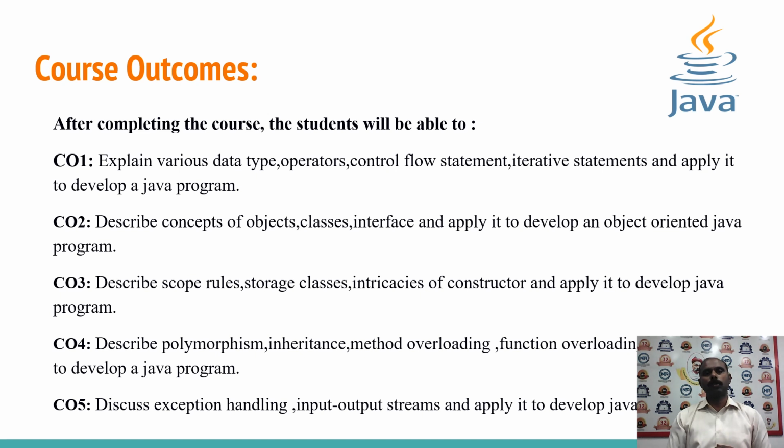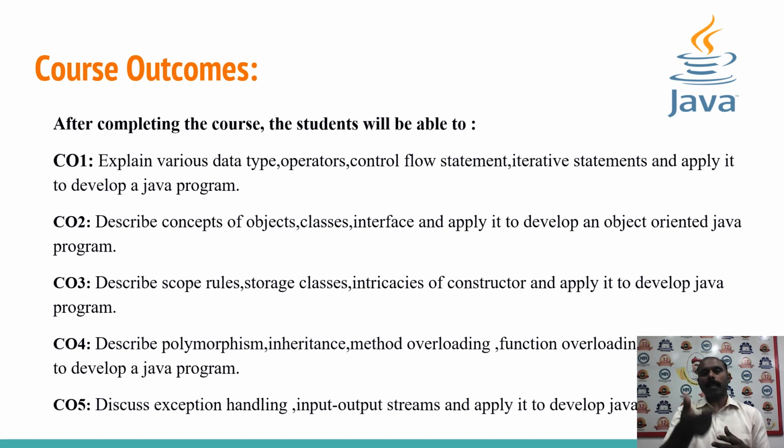In course outcome 2, we implement object-oriented programming, classes and interfaces. Why do we use an interface? Is multiple inheritance possible in Java, or if not, what other options do we have to implement multiple inheritance? We are trying to solve all these concepts.